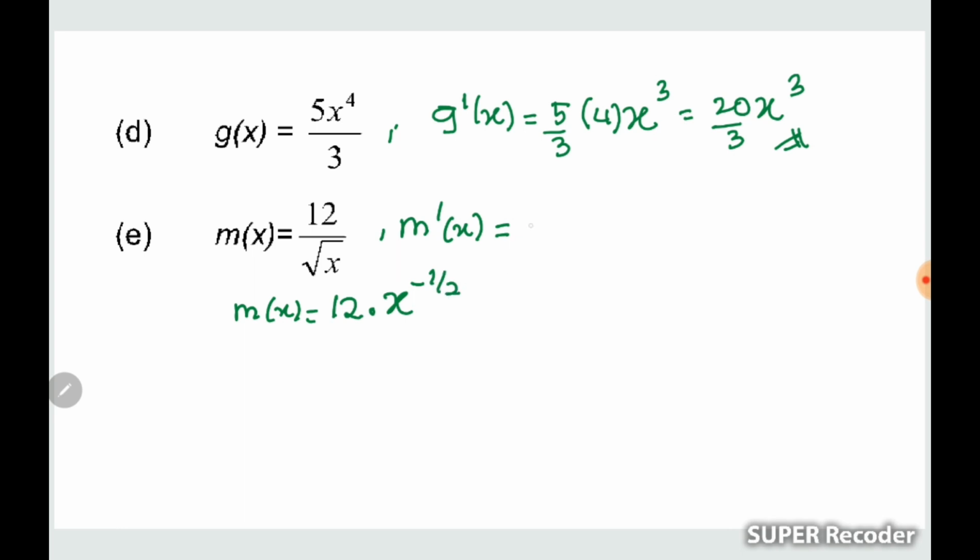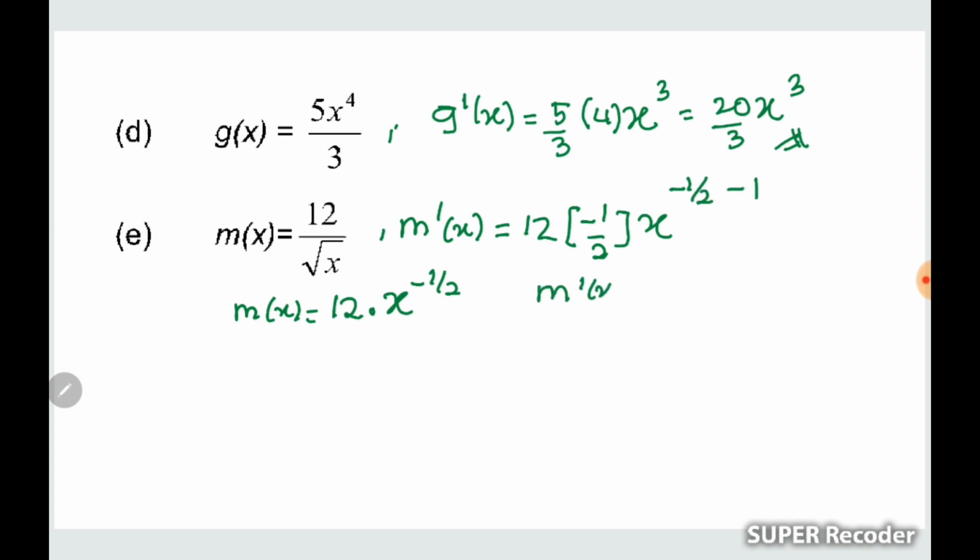Therefore m'(x) equals 12 multiplied with, and you have to bring in front negative 1 over 2, multiplied with x to the power of negative 1 over 2, you have to minus 1.